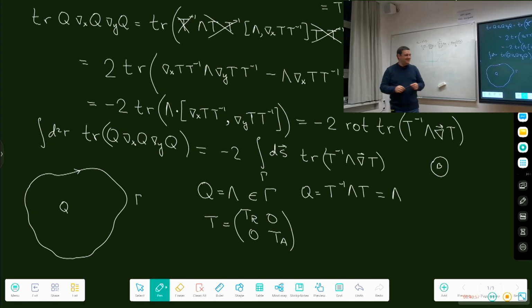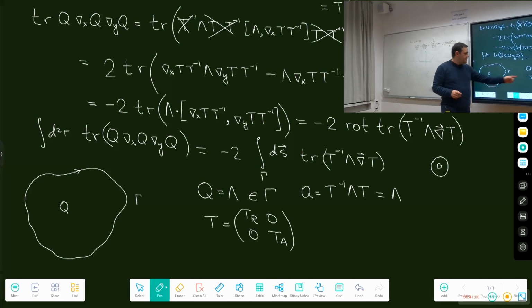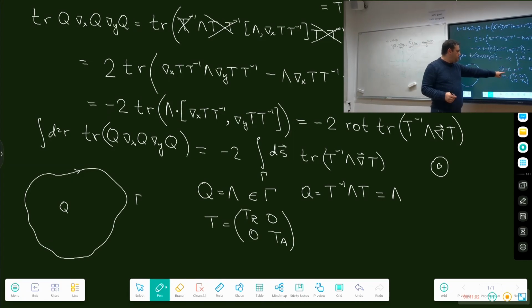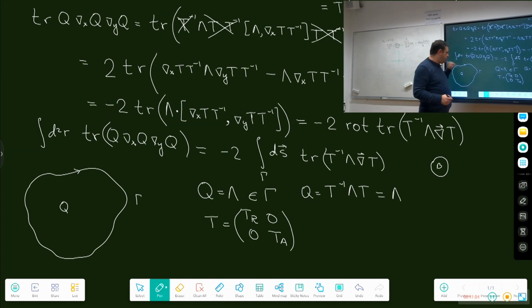Okay, I got the problem. So Q equals lambda at the boundary.